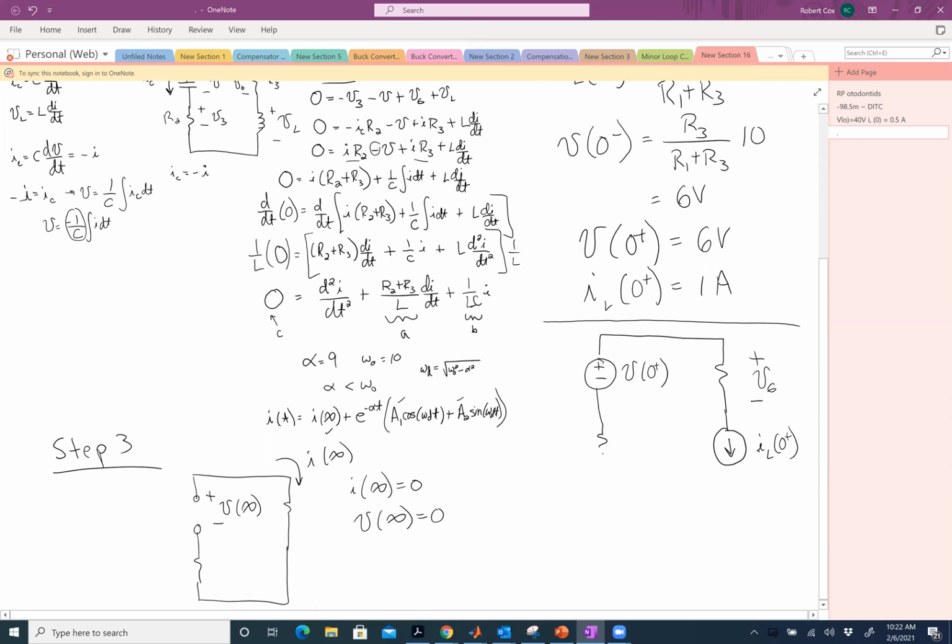And then there's a resistor here. This guy is R3. This guy is R2. We call this V3, call that V6, like that. Now, what we need to do is find VL of 0 plus.